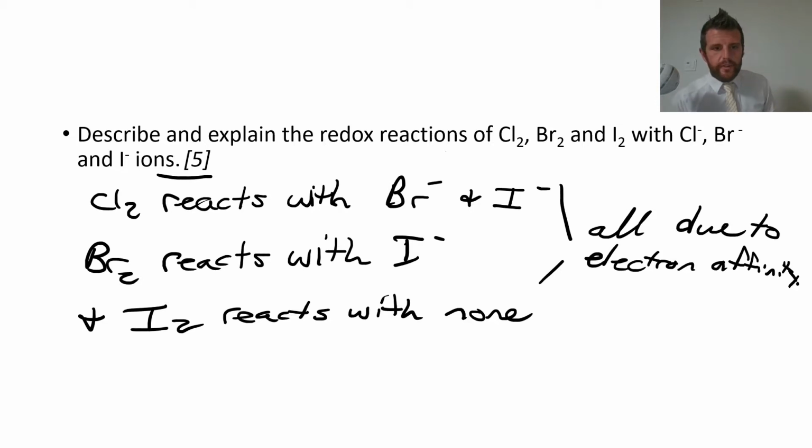So in other words, Cl2 is going to have a greater electron affinity than Br2, which will have a greater electron affinity than I2.